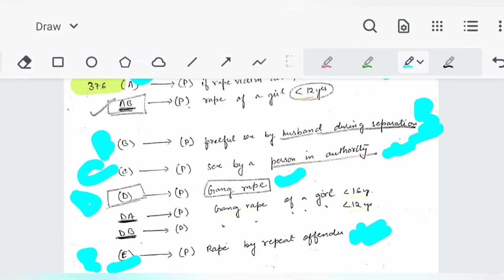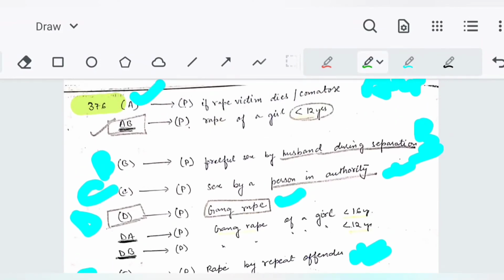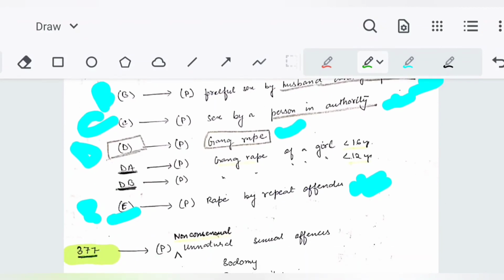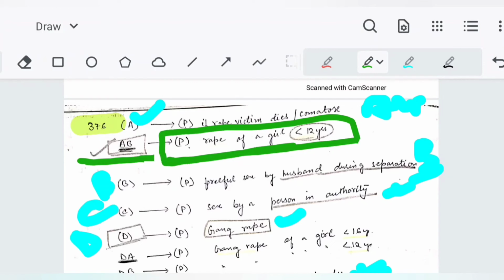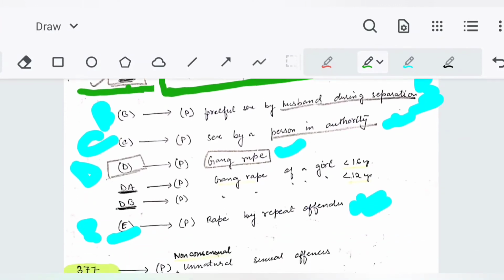Now within this we have another, new IPCs have been amended, that is 376AB, that is rape of a girl less than 12 years of age. It will be taken as a more serious crime. Okay. So it falls under AB. Now DA and DB.